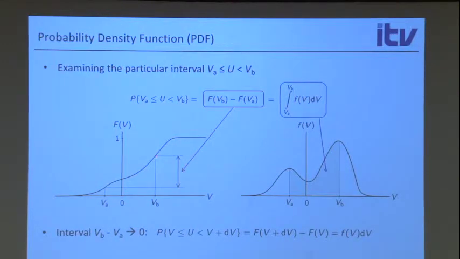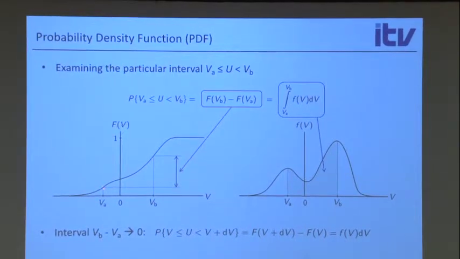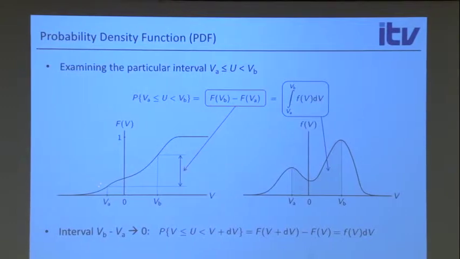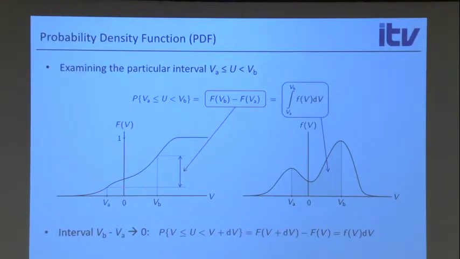That's the probability of finding U smaller than VB, and this here is the probability of finding U smaller than VA. So if I want the probability of U being in this interval, that is just F of VB minus F of VA, okay?